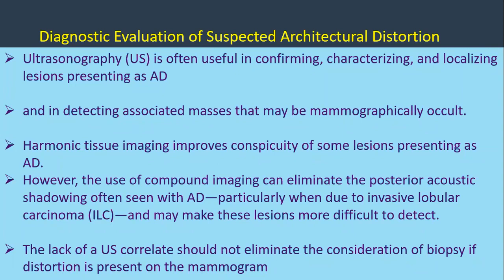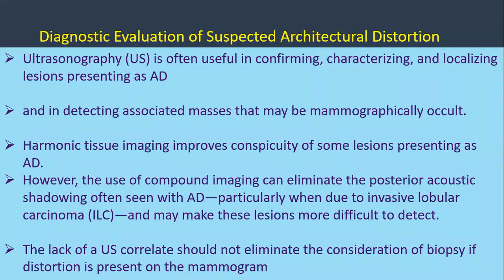However, using compound imaging will eliminate the posterior acoustic shadowing of the architectural distortions, particularly for invasive lobular carcinoma. But this might obscure the lesion if it is too small. It might not be very helpful sometimes.